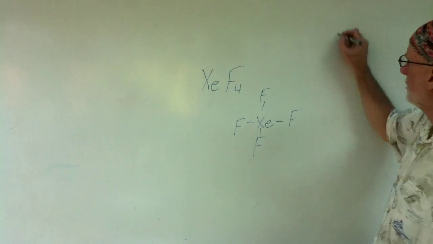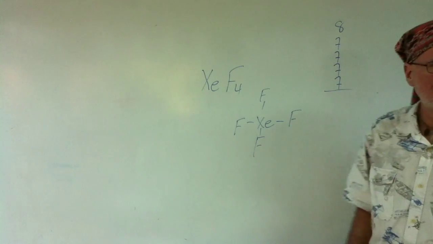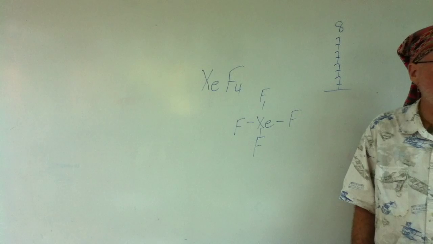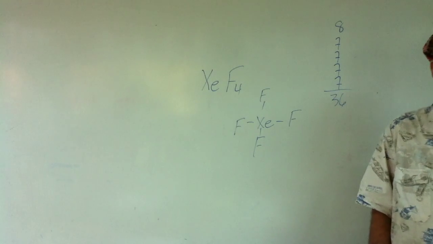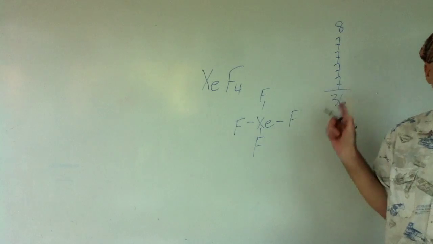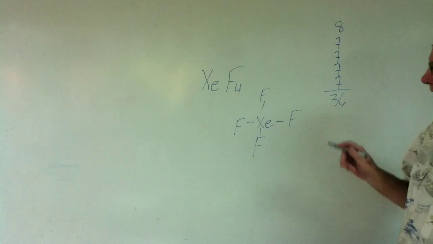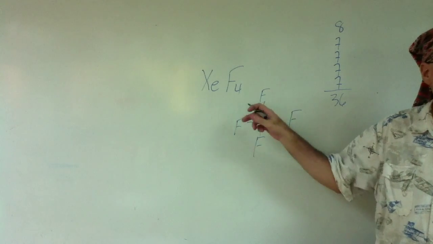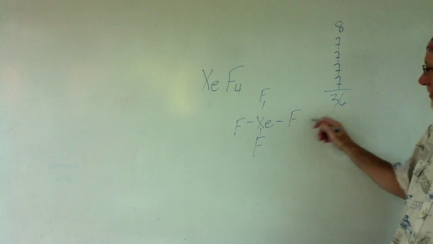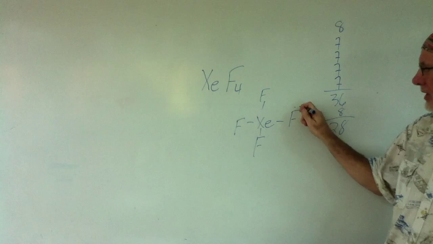Then you list the valences. This is 36, correct? Professor, you want to just stay for this one example? There's a method to my madness. And then you're going to subtract off 2 electrons per bond, so that's going to be 8. That's 28. And then you're going to put in what?